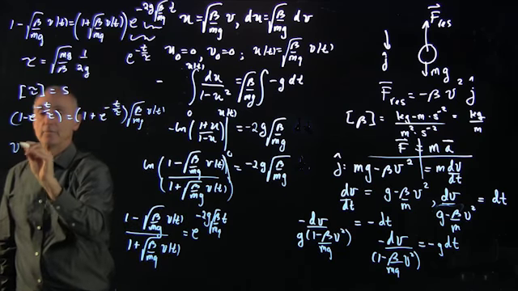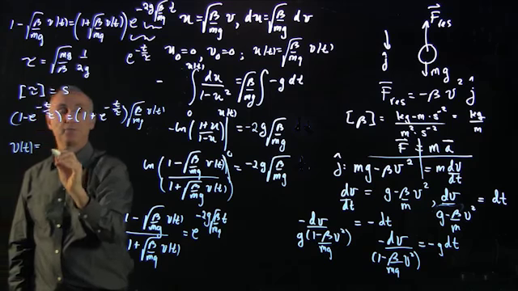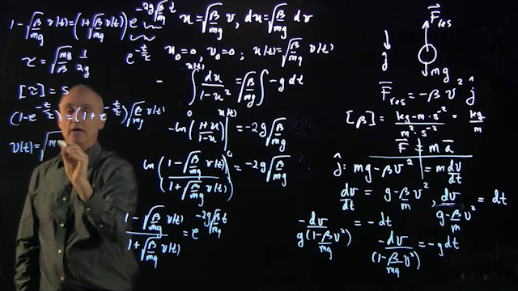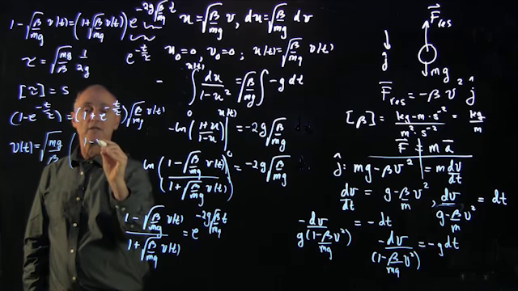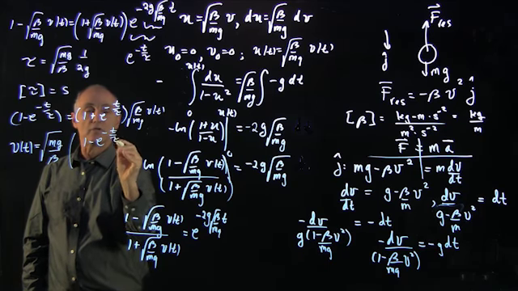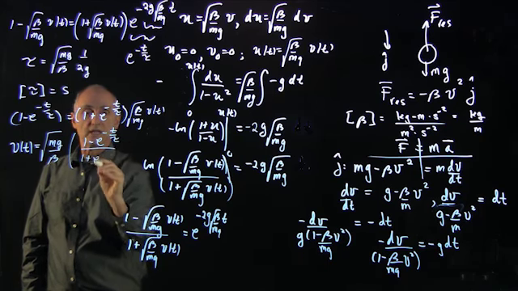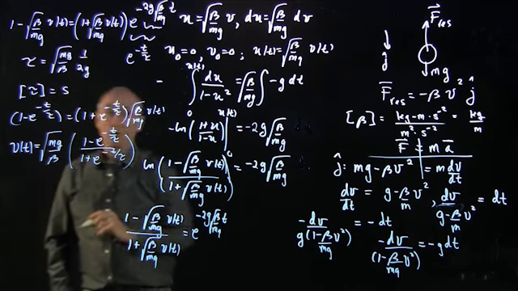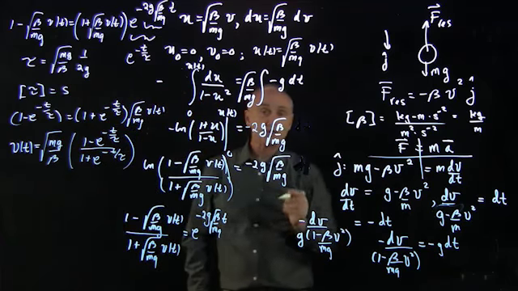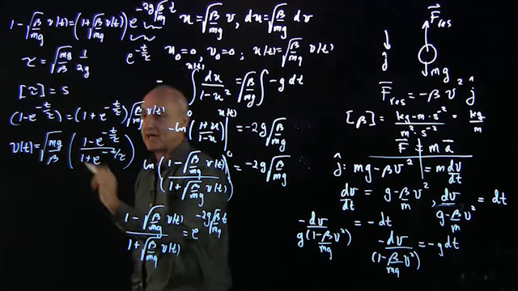And so I get my solution: v of t equals the square root of mg over beta times 1 minus e to the minus t over tau over 1 plus e to the minus t over tau. Well, it's not a simple solution at all.